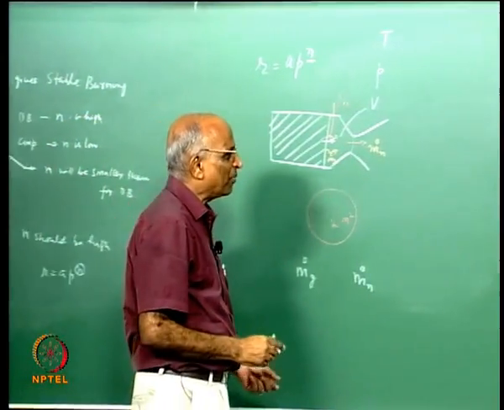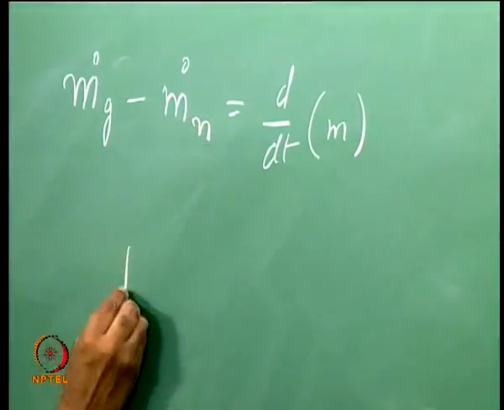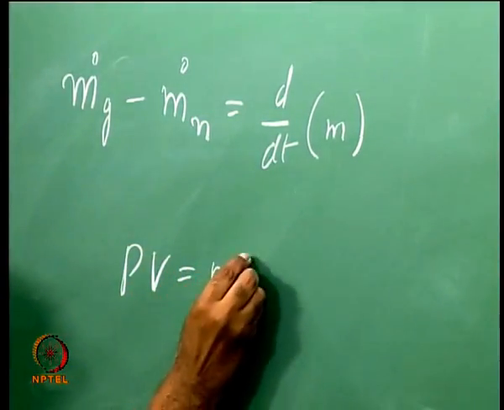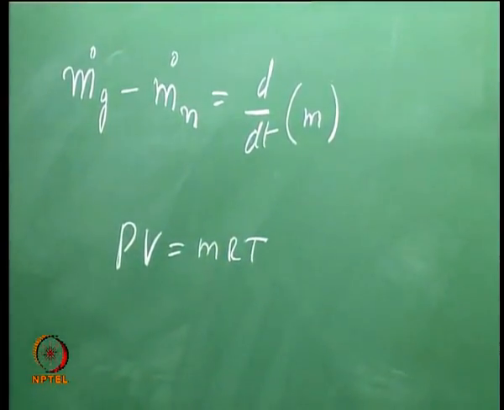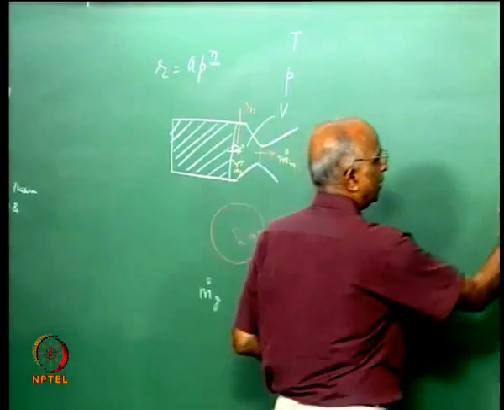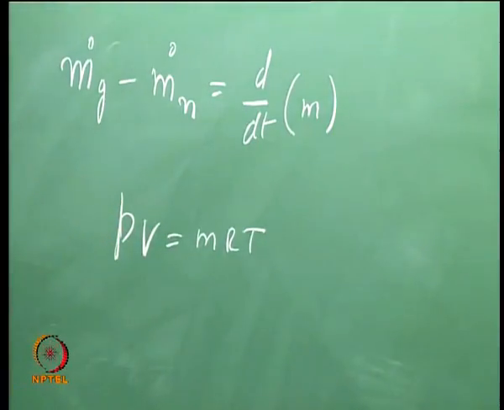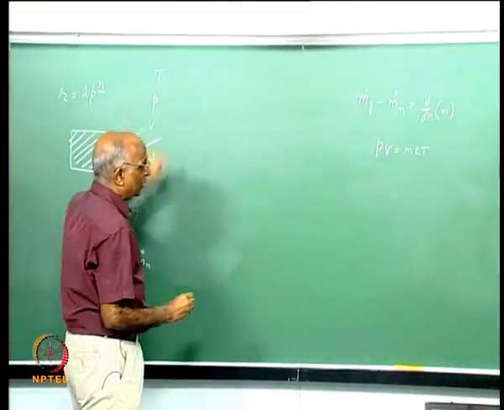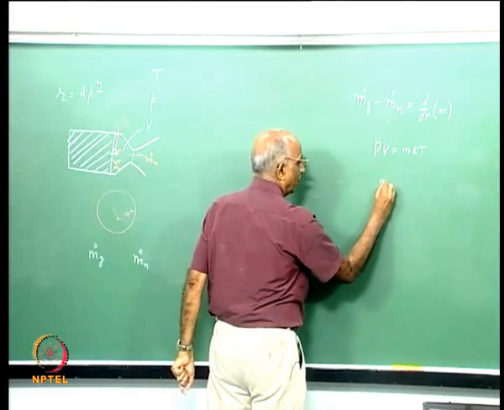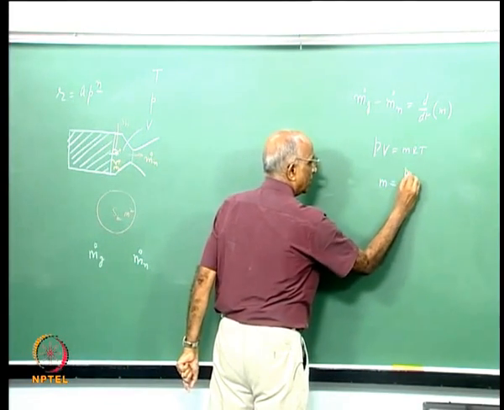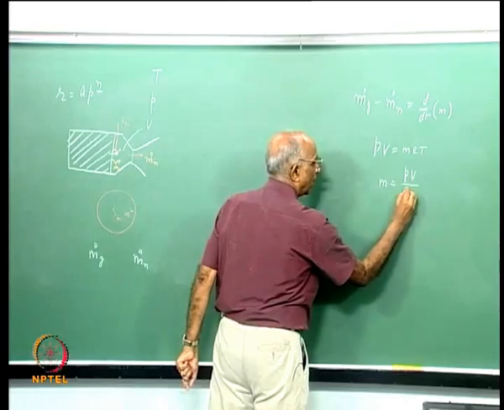What is the value of m from the gas equation? We have PV is equal to mRT, where the pressure is P, the volume is V, the temperature is T, therefore m is equal to PV by RT.